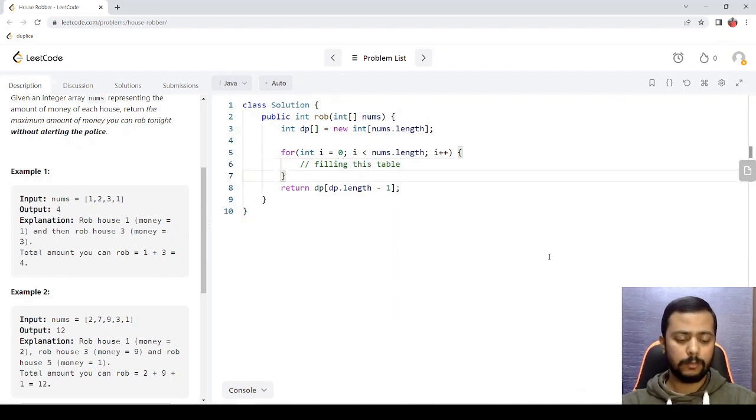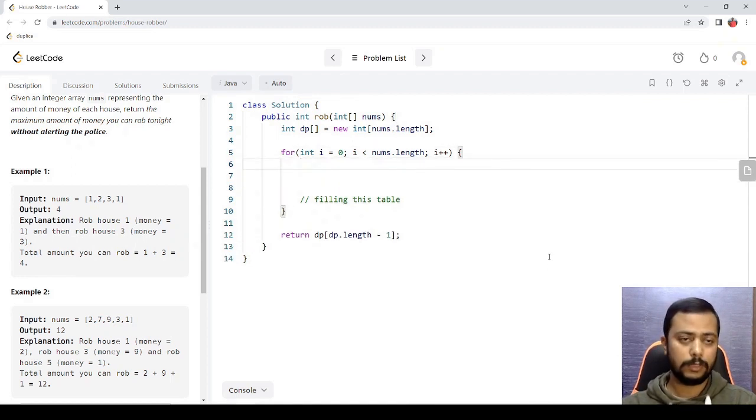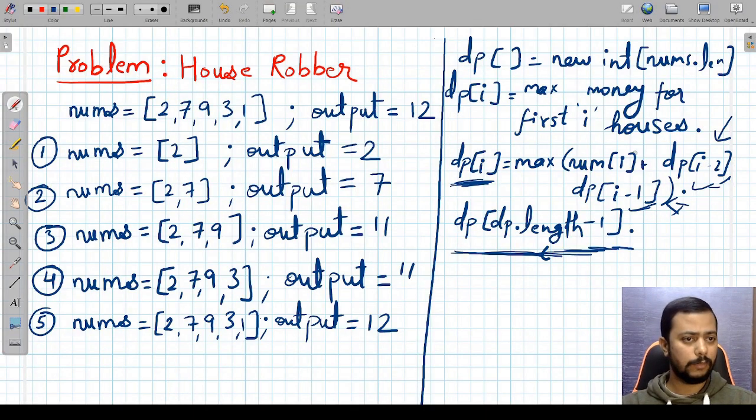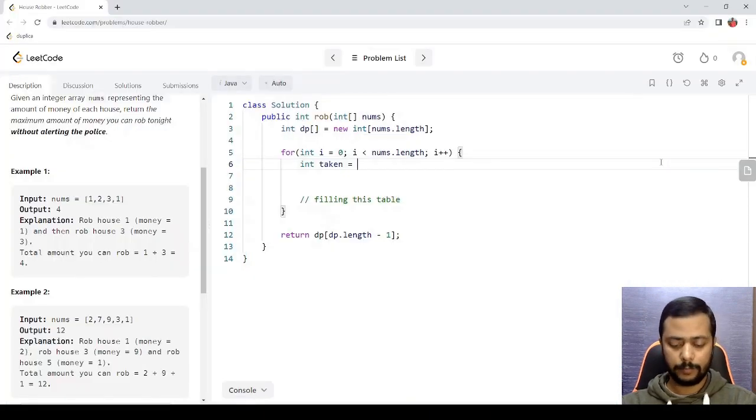So basically, we just need to consider the two cases that we had discussed, which is first, I'll call it taken. Taken means that I am considering the ith house. So if I consider the ith house, what is my value? It is nums of i plus a look back of 2. So initially I will get nums of i plus dp of i minus 2.